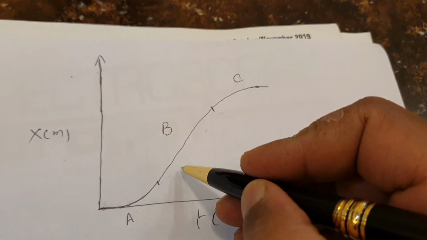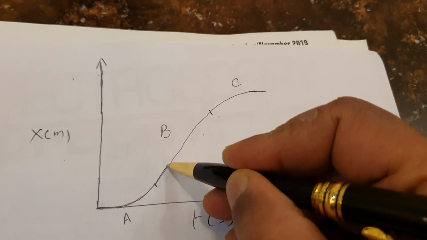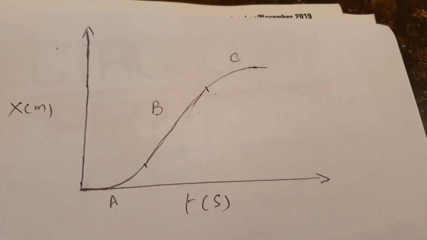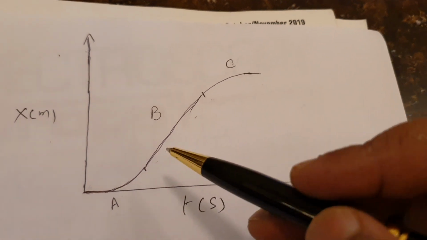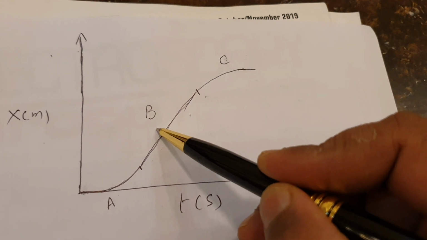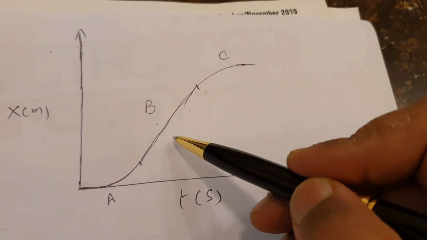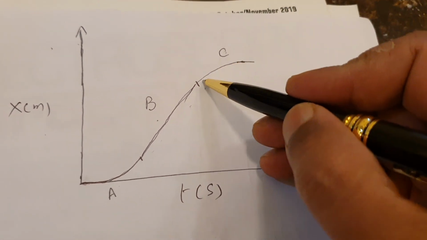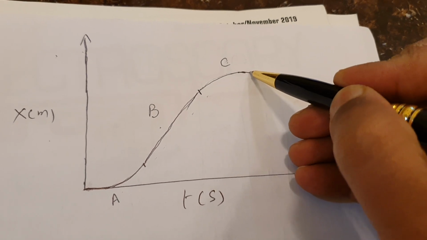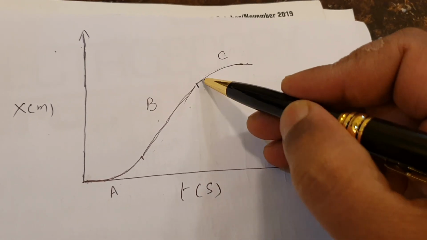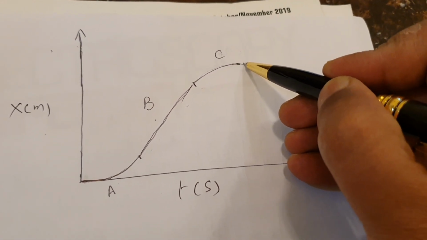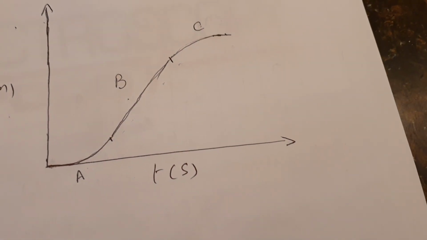So this is more or less a straight line, so I can calculate its velocity easily. So this is going to be a constant velocity. So in this part, object continues to move towards positive x-axis, towards right hand side with a constant velocity, and then here the velocity starts decreasing again till it stops at this point. Yeah, so this part says that velocity is decreasing and at this point your slope becomes 0 again.